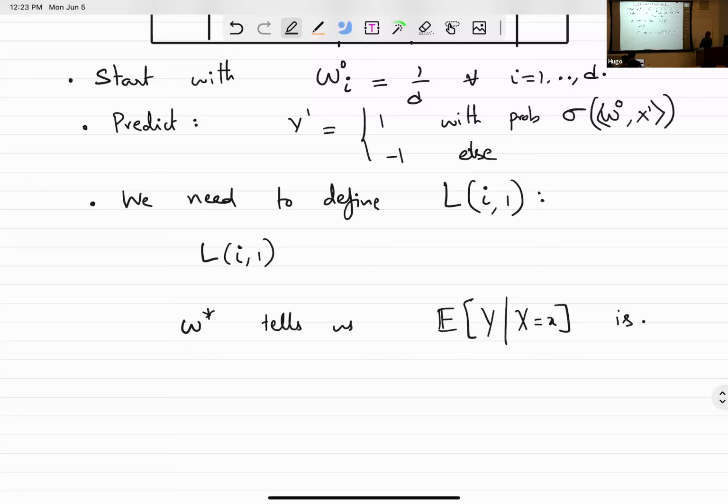It tells us what is the chance that you see one compared to this.